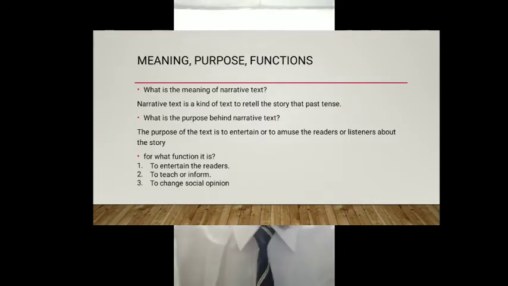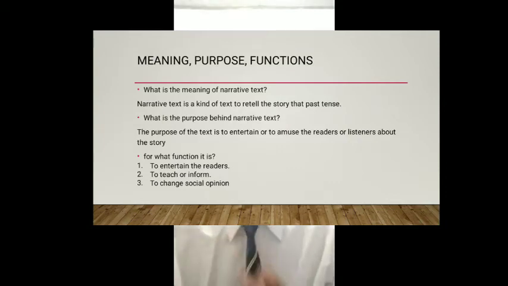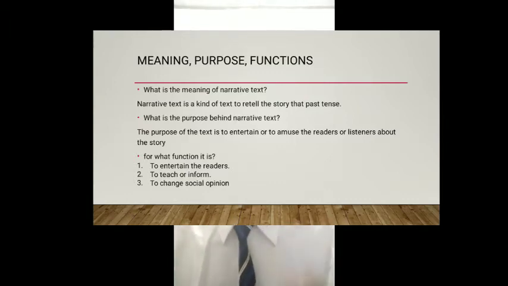Kemudian yang terakhir adalah untuk mengubah opini sosial dari para pembaca. Semisal nih, sebelum membaca kisah Malin Kundang, kalian dengar bahwa Malin Kundang itu anak durhaka. Benar, Malin Kundang memang benar-benar anak durhaka.